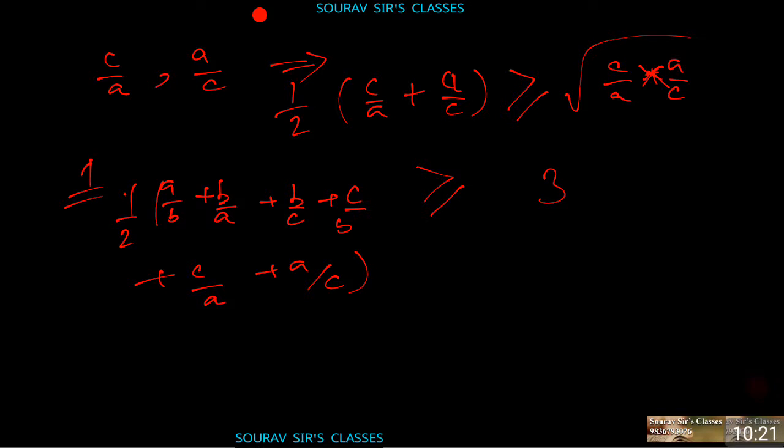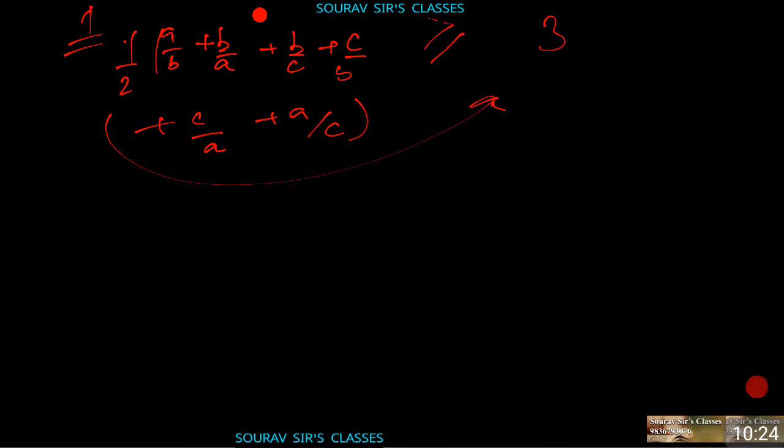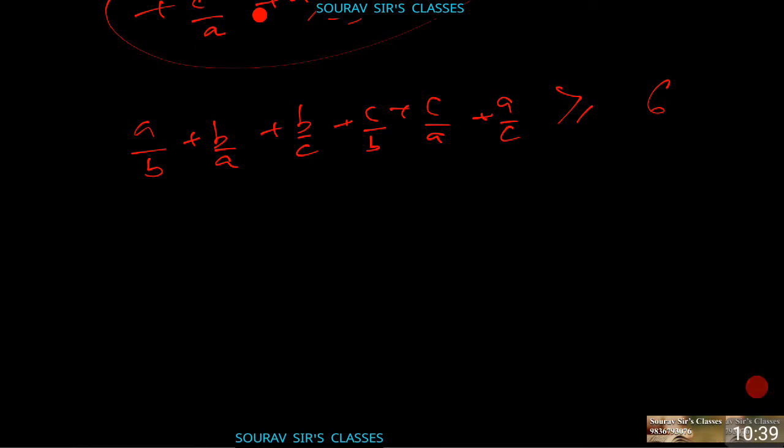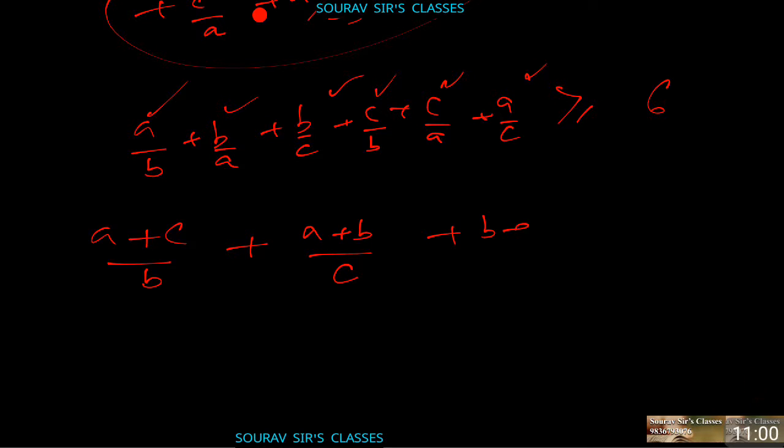Taking half to the other side, we get a/b + b/a + b/c + c/b + c/a + a/c is always greater than or equal to 6. Hence, grouping the terms like a/b and c/b, b/a and c/a, b/c and a/c, we get (a+c)/b + (a+b)/c + (b+c)/a, which is greater than or equal to 6.